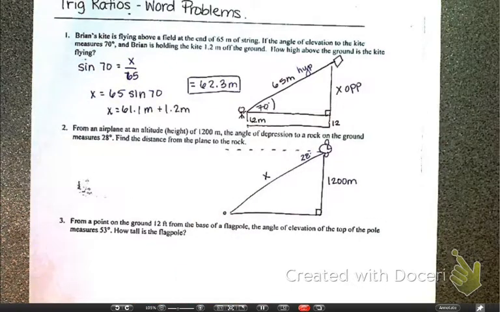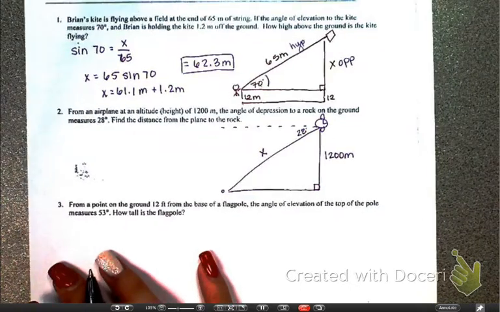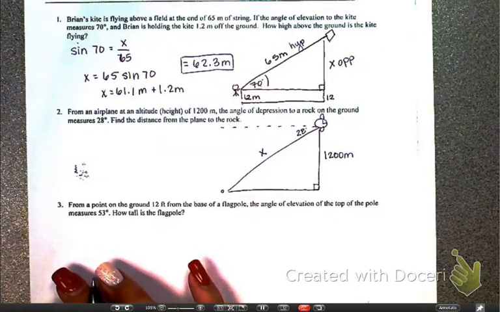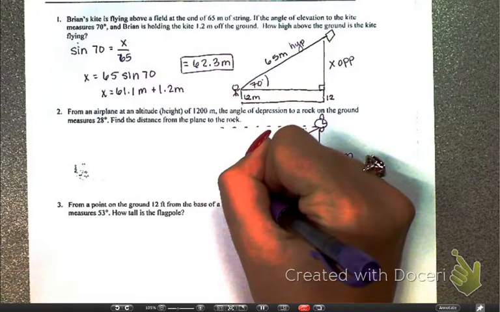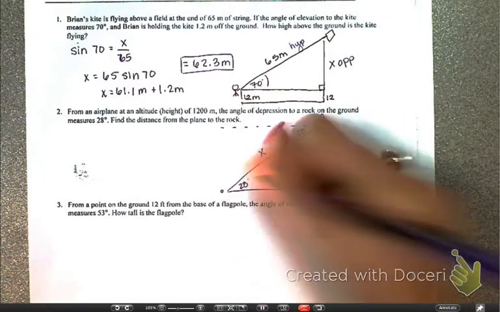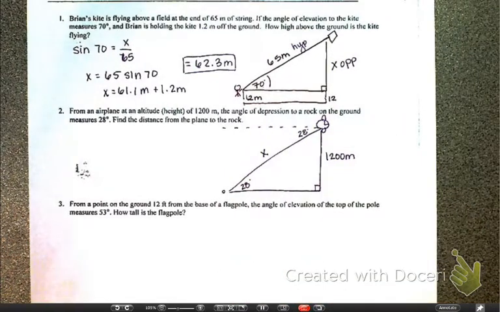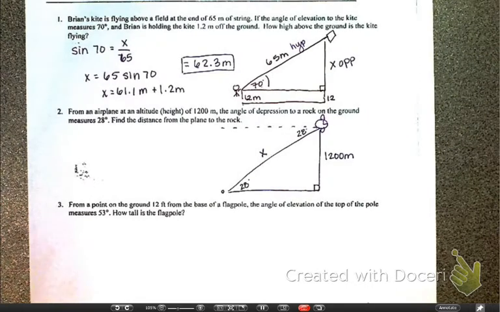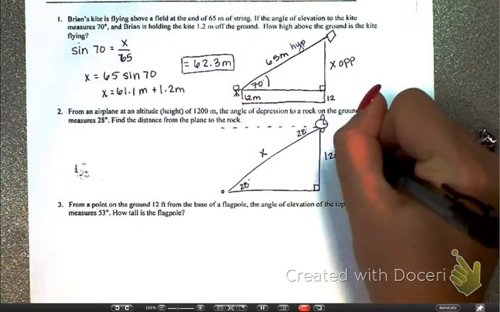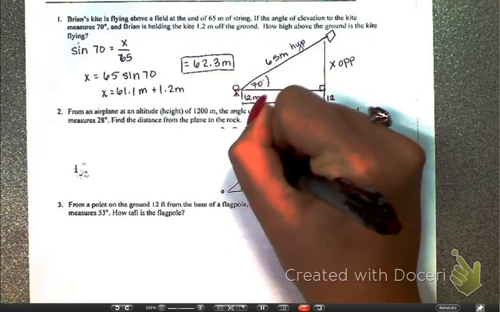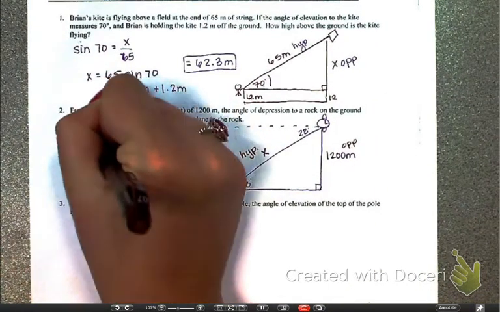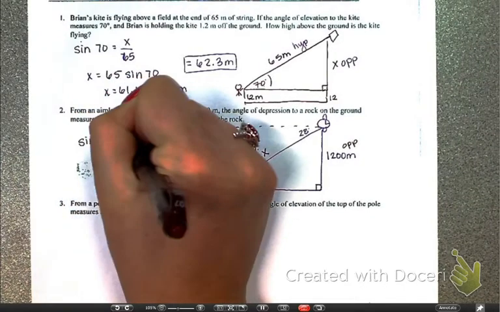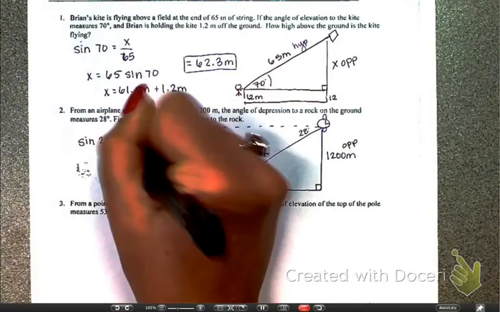What do we know about the angle of depression? It's congruent to the angle of elevation, which is going to be here. Because now I have enough information inside my triangle. I have the opposite and the hypotenuse again. So sine. The sine of 28 equals the opposite over the hypotenuse.